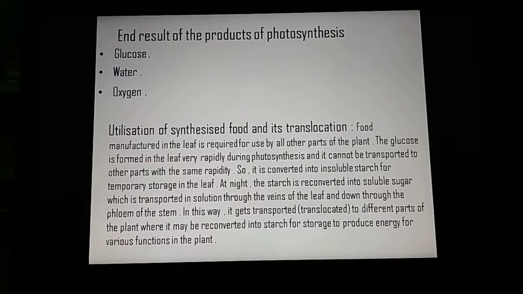At night, the starch is reconverted into soluble sugar, which is transported in solution through the veins of the leaf and down through the phloem of the stem. In this way, it gets transported or translocated to different parts of the plant where it may be reconverted into starch for storage or used to produce energy for various functions in the plant.